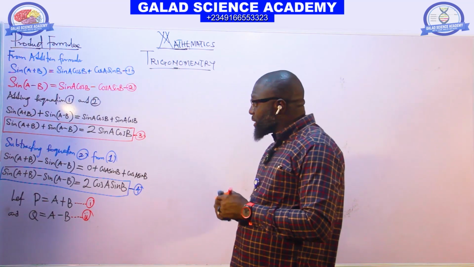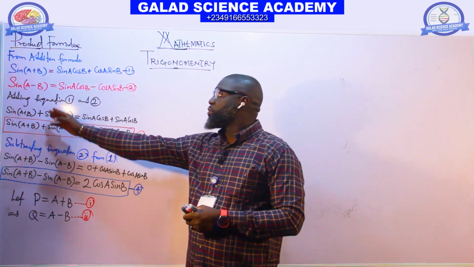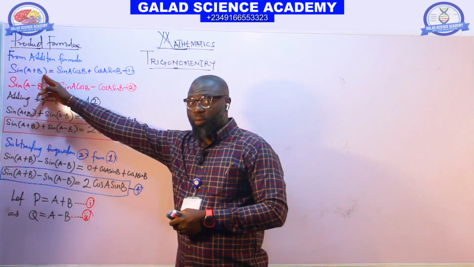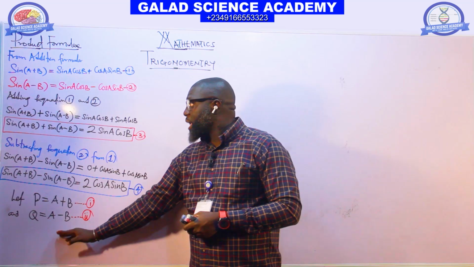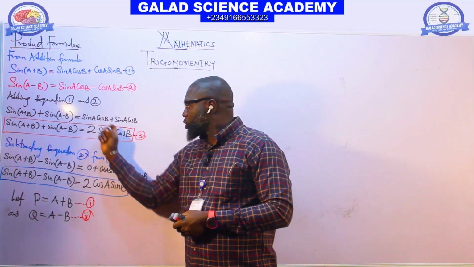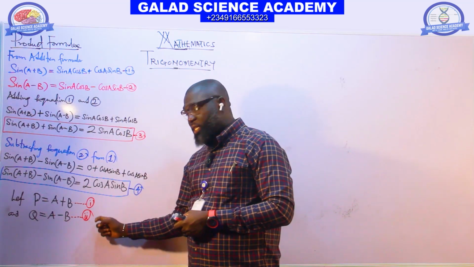Yes, the same thing we apply here for the sine angle of sum and sine angle of subtraction, we can also apply it here. We add to get this, we subtract to get this.